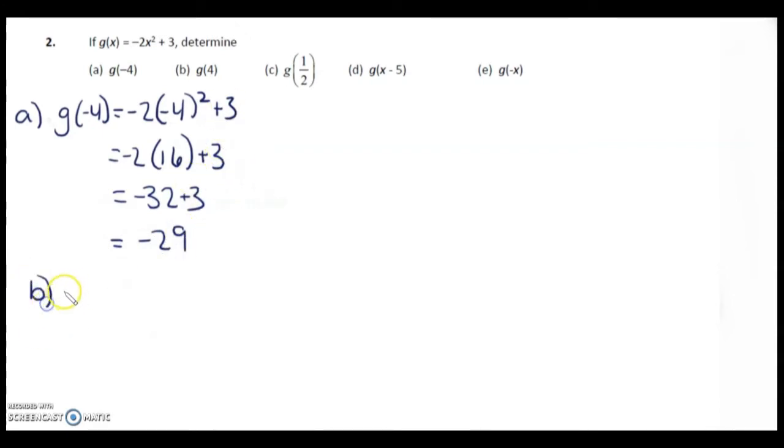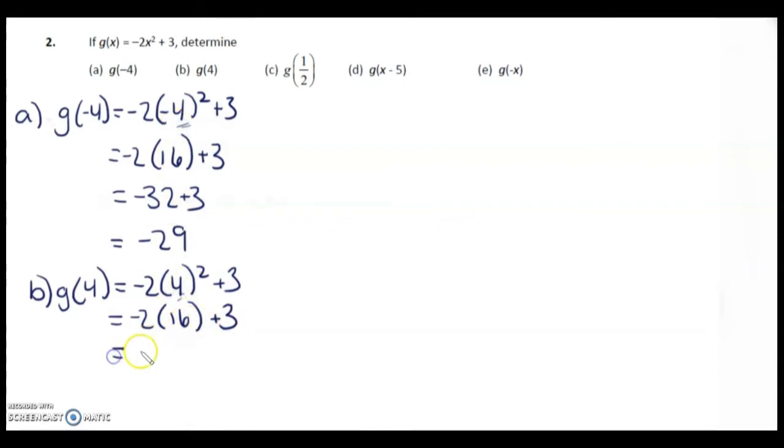Okay, B, g at 4, I get -2 times 4 squared plus 3, -2 times 16 plus 3. So -4 squared and 4 squared equal the same thing, so we're actually going to yield the same answer, -29.